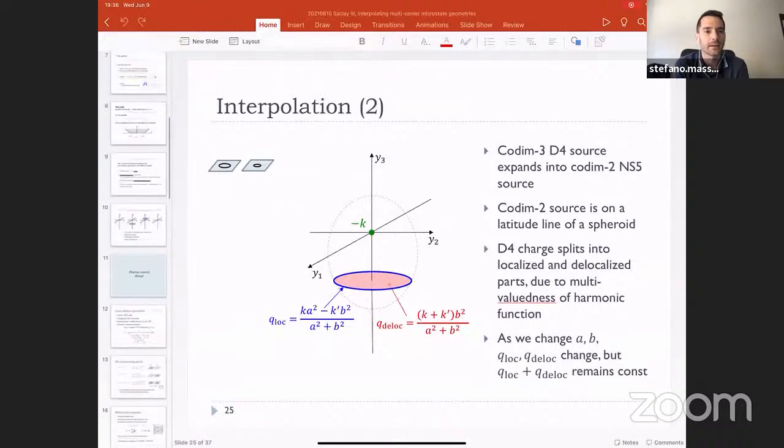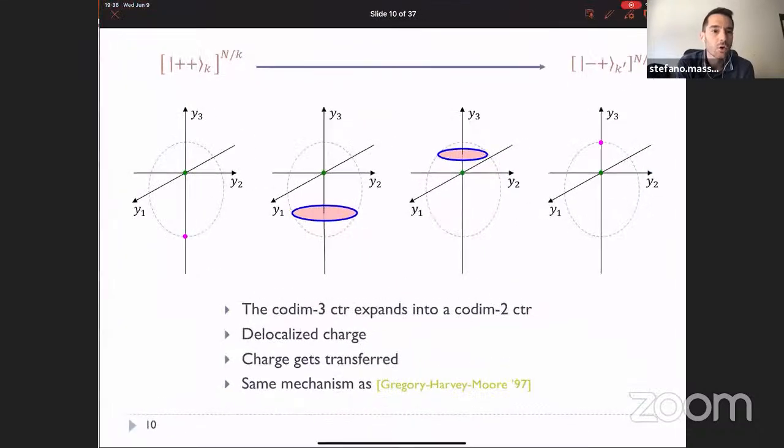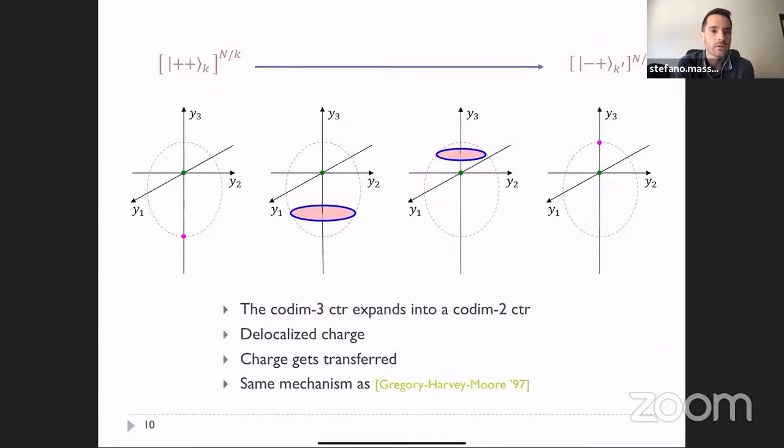I don't understand what's the relation with the log profile, which is more codimension 2. Okay, but it's not really about codimension. This process of going from this to this is exactly what they have in their paper.